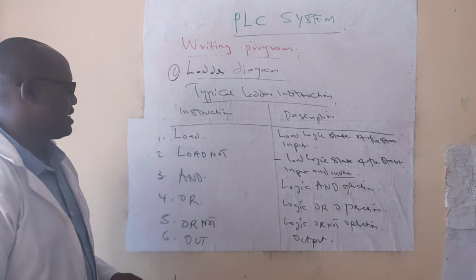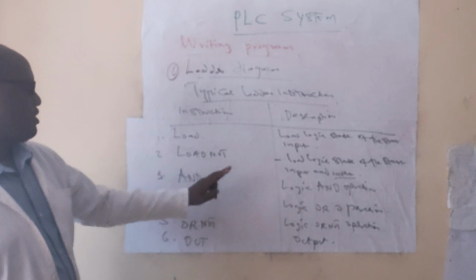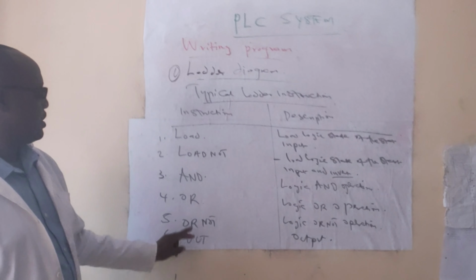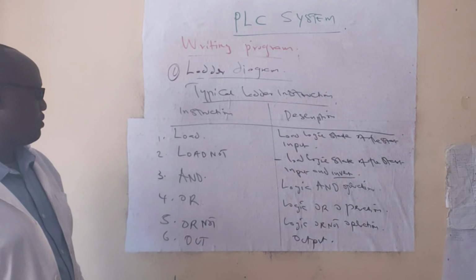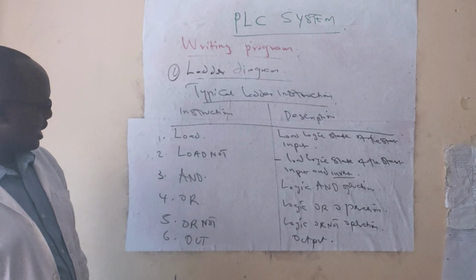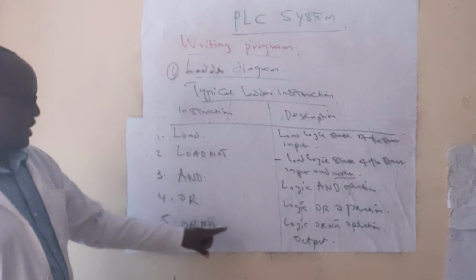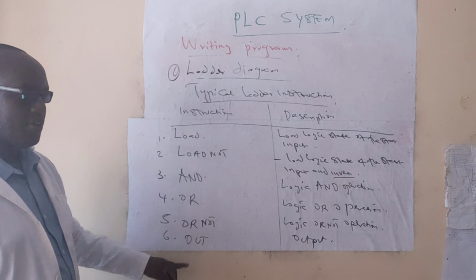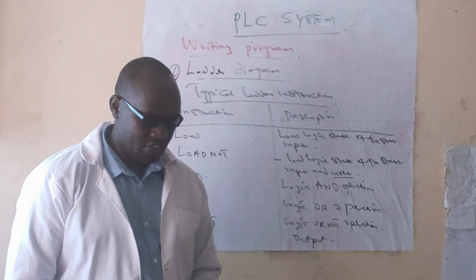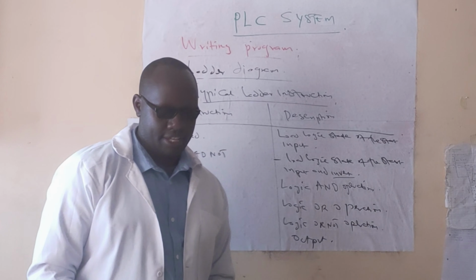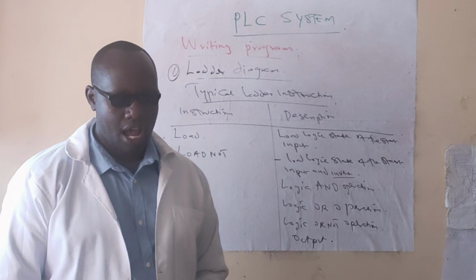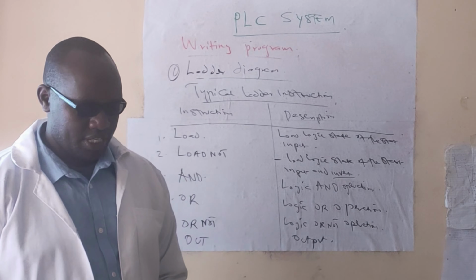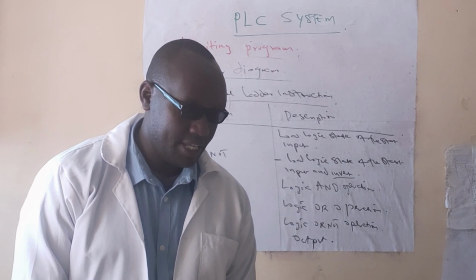AND is a logic AND operation, OR is a logic OR operation. This one means logic OR NOT operation, and the last one, OUT, is described as the output.